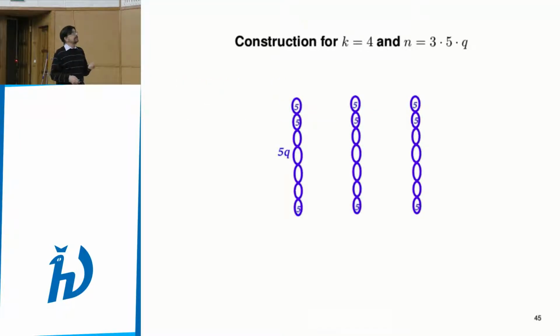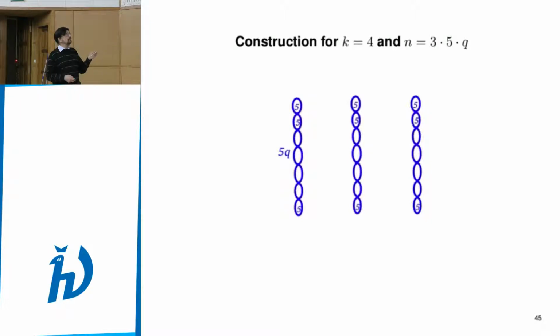So now I continue the construction. Take 5-element sets many times. So Q has to be divisible by 5, and then we have altogether 5 times Q elements, and it's divided into 5-element parts.